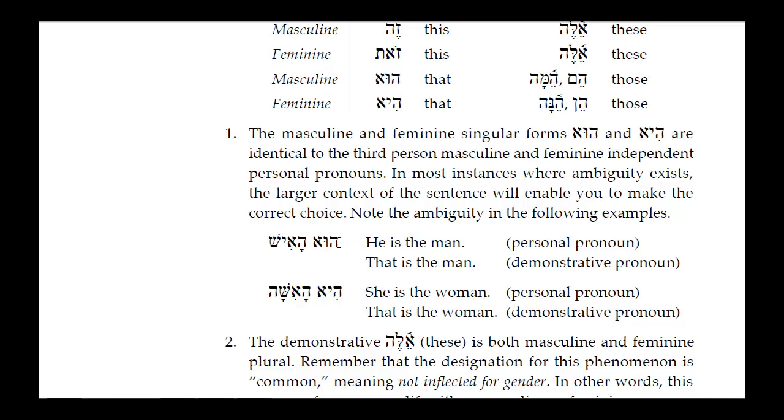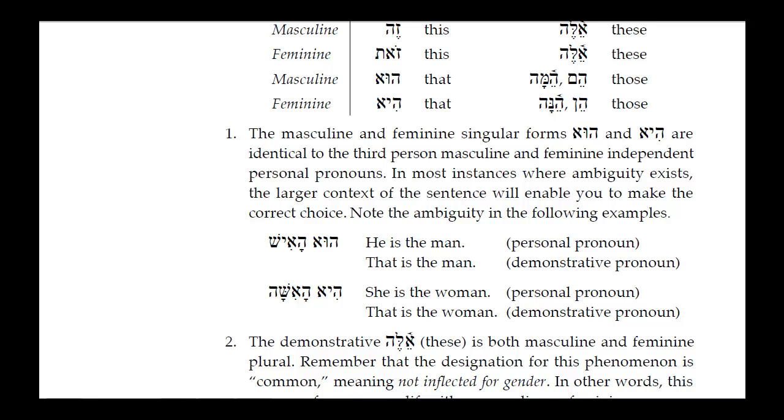It could be used as a personal pronoun for he is the man, or that is the man as a demonstrative pronoun. Same thing with hi ha'ishah. Hi could be used as a personal pronoun for she, or it could be used as a demonstrative pronoun as that. That is the woman.